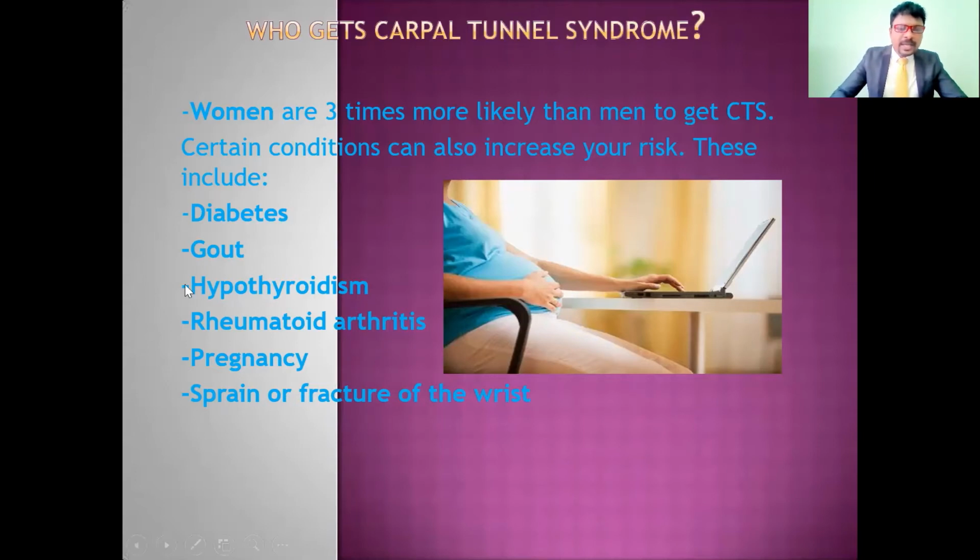And also in the case of hypothyroidism, because of an imbalance, especially of thyroid hormone levels, if the thyroid hormone levels decrease, it may cause systemic changes. It is also called myxedema. In this hypothyroidism, patients may get obesity; weight gain happens because of the hormonal imbalance.